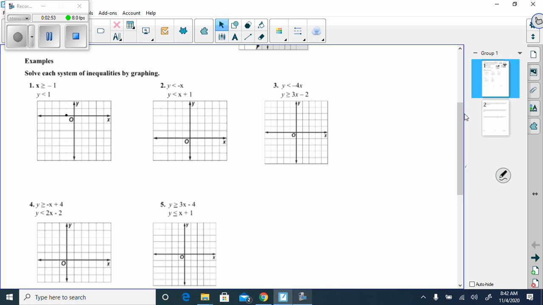But if I go to the left, it's no longer -1. If I go to the right, it's -1. So remember, this is our vertical line. And at this point, should I have a dotted or solid line for x? Solid. So there's my line.